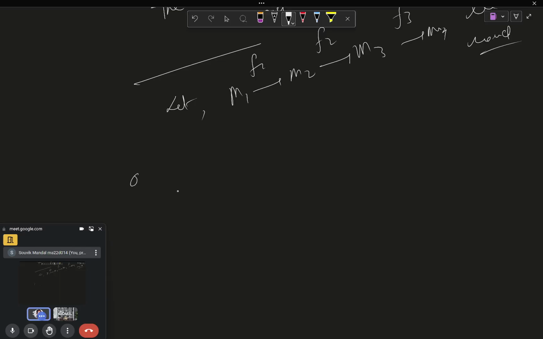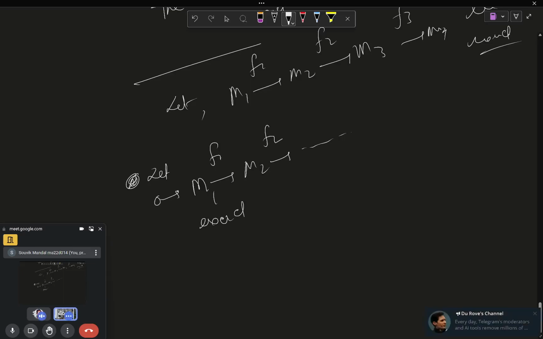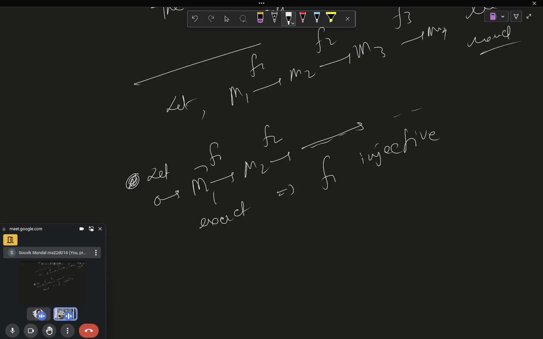And one more thing: let 0 go to M1 go to M2 and so on, with maps f1, f2. Suppose this is exact. It means f1 is an injective map. For the rest of the portion, the exactness definition goes as well, but it is exact at this point M1.